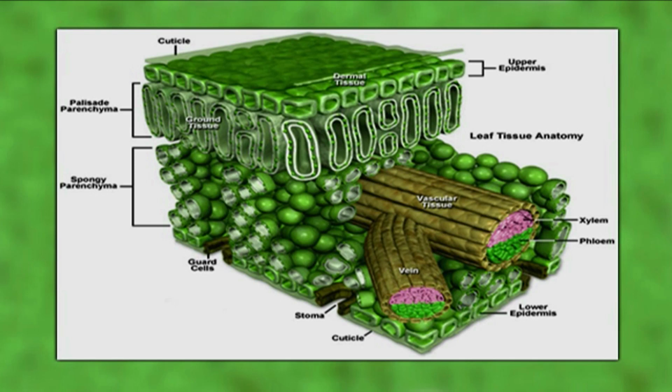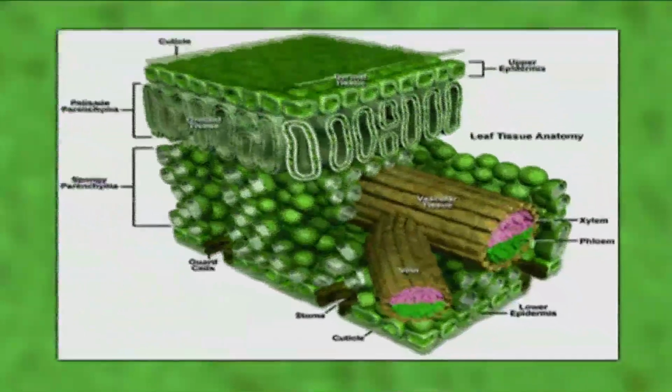These long cylindrical cells are regularly arranged in 1 to 5 rows. Beneath the palisade layer is the spongy layer. The cells of the spongy layer are more rounded and not so tightly packed, containing large intercellular spaces among them. These cells contain fewer chloroplasts than those of the palisade layer.